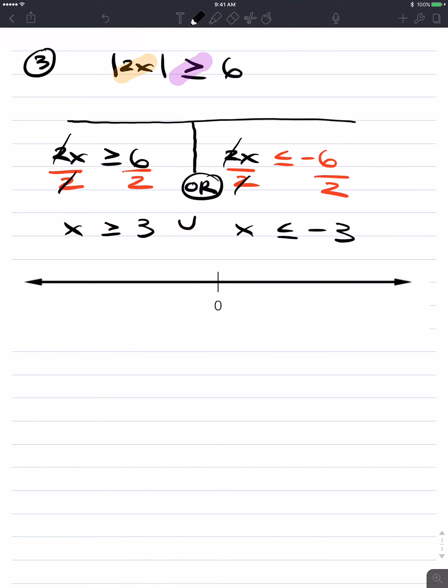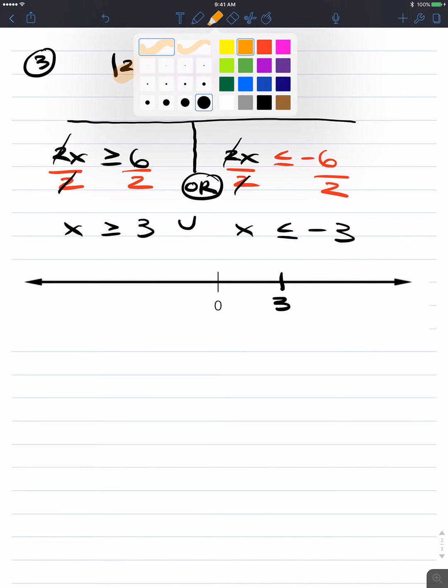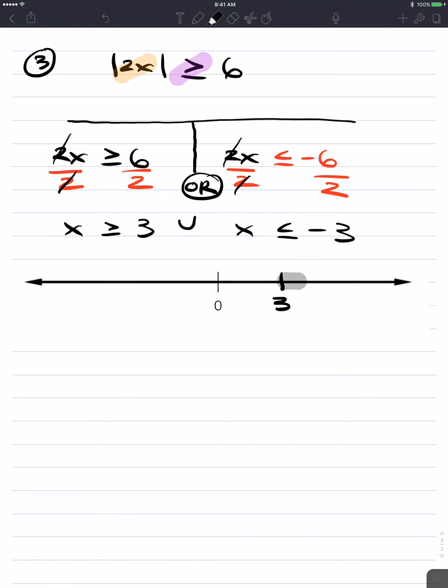The inequality on the right is describing numbers that are greater than or equal to 3. So let's shade these. These are numbers that are greater than 3. Use your bracket to communicate that we include the 3.